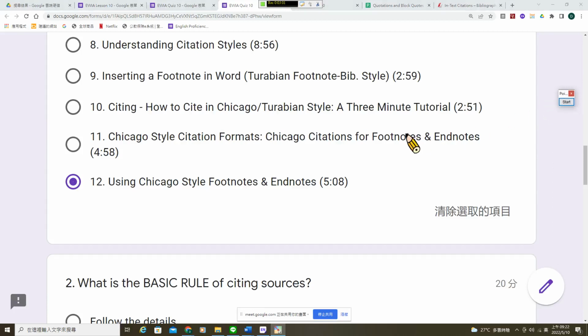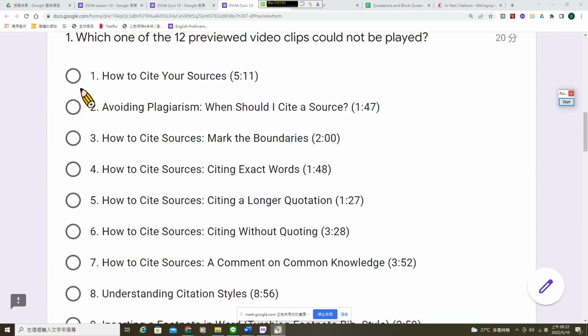But actually, all of these are quite sufficient for you to get a very good idea about how to cite and how to use references and what is the purpose of citation and reference.